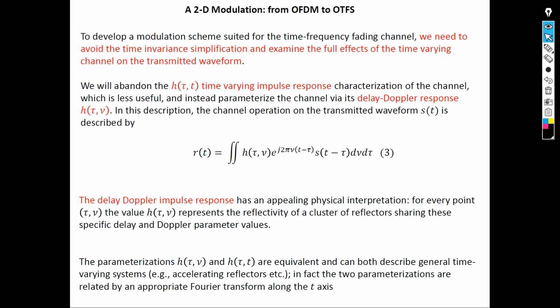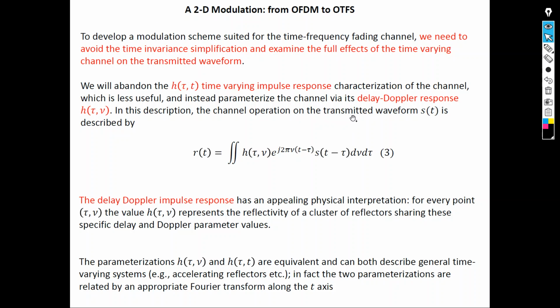Because it's less useful, as it doesn't tell us exactly what the channel is, how many reflectors are in the channel, what's the distance of these reflectors, and what are the speeds of these reflectors. We don't have any idea when we use time varying impulse response. Instead, we will use delay Doppler response, which can give us more information.